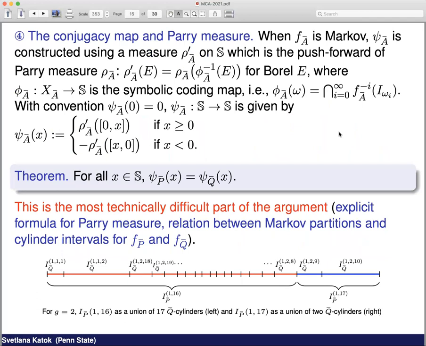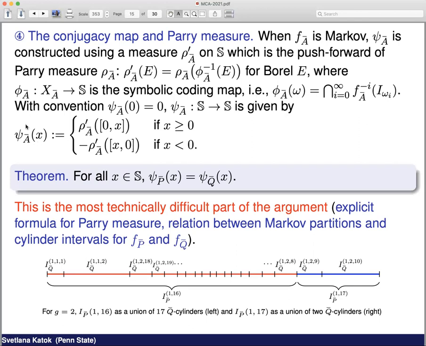And so then we just started thinking how to prove that. All right, so for Markov cases, the conjugacy map can be obtained by standard means using the Parry measure. And this essentially goes back to Parry's 1966 paper. So it's constructed as follows: you have a Parry measure on the symbolic space, and then you have the push forward of the Parry measure on the circle using the symbolic coding map.